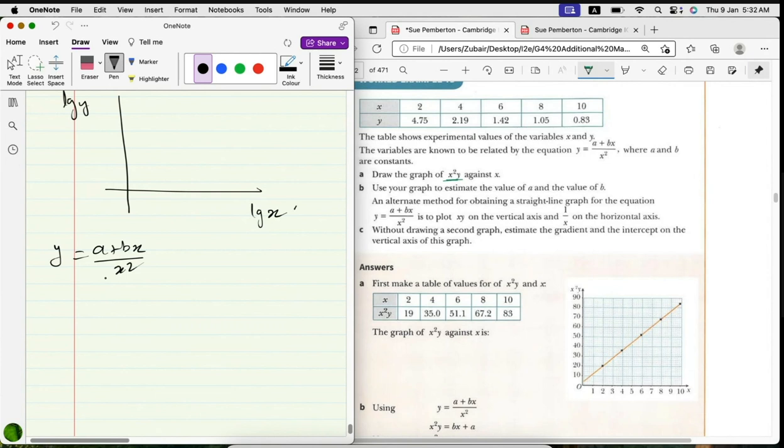To make x square y, multiplying on the other side, x square y is equal to bx plus a. So this is y, this is the gradient, x stays x, and this is the y-intercept.